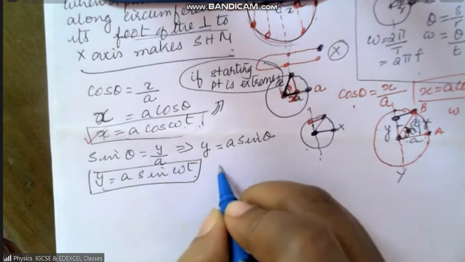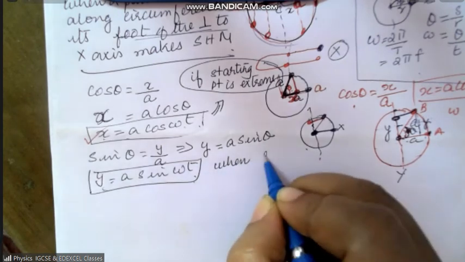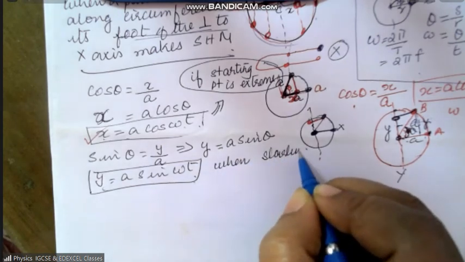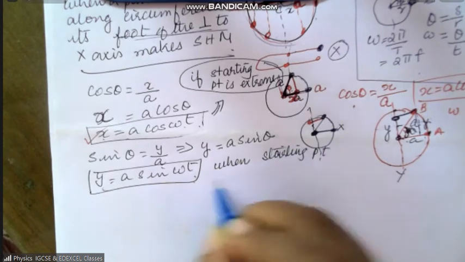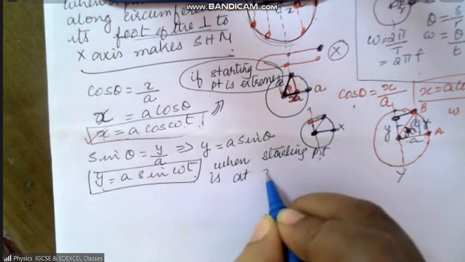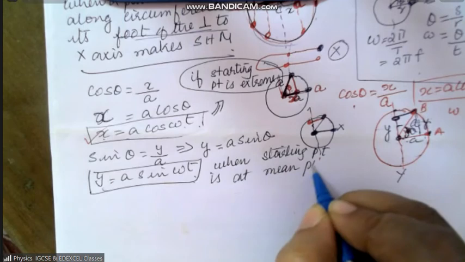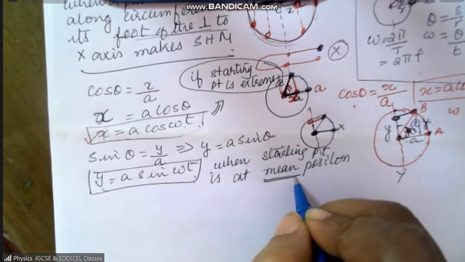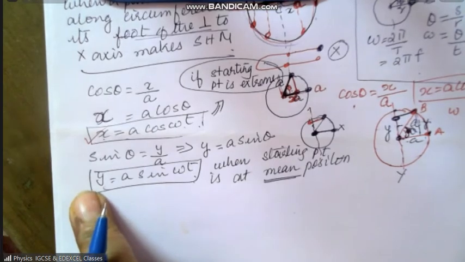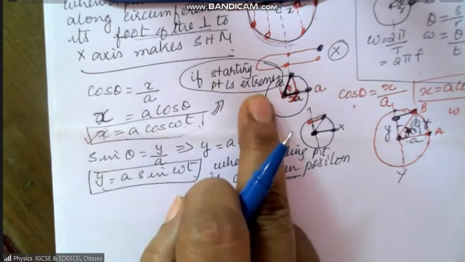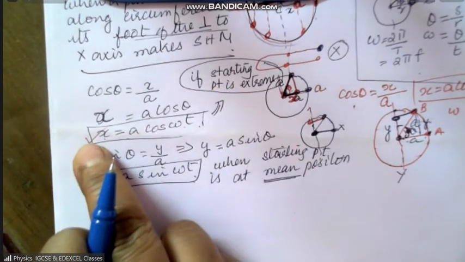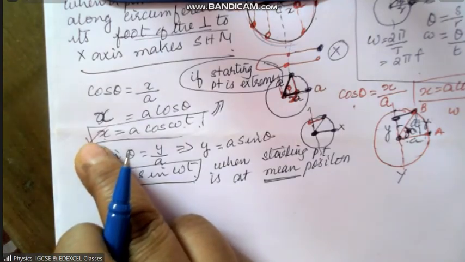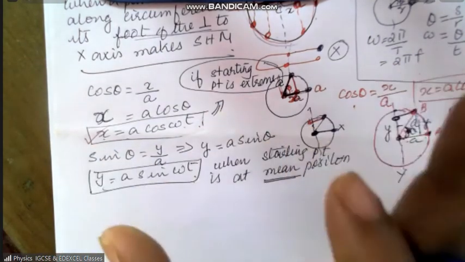This equation we use when the starting point is at the mean position. If the starting point is at the mean position, we are using the y displacement. If the starting point is extreme, we are using the x displacement. Is this much clear?